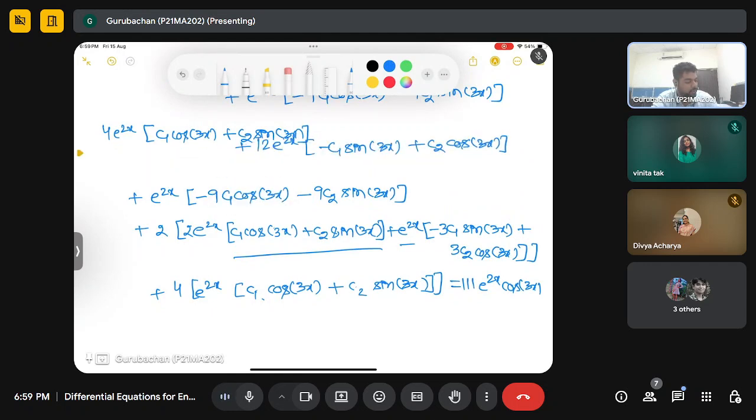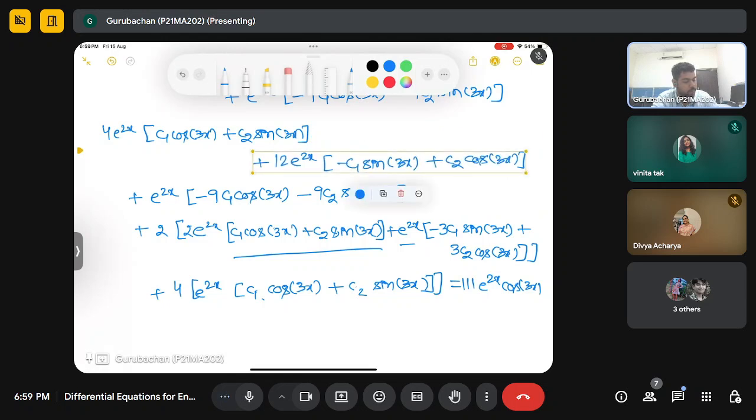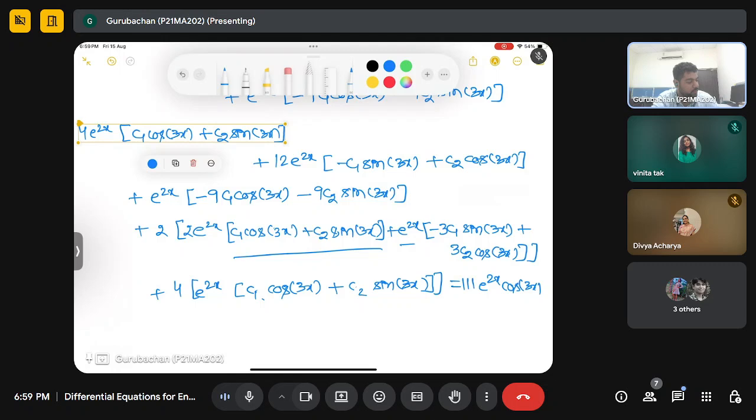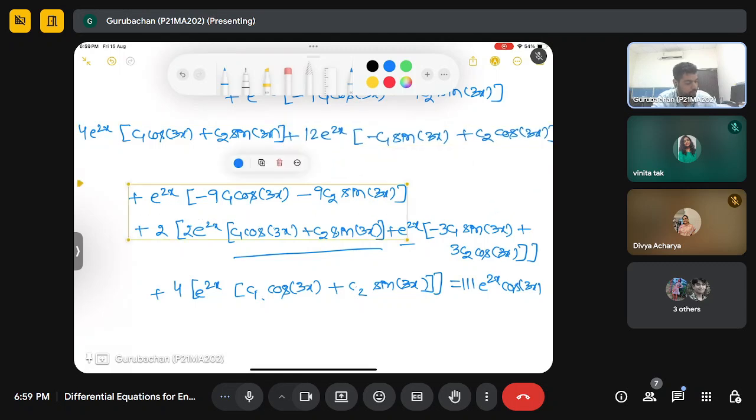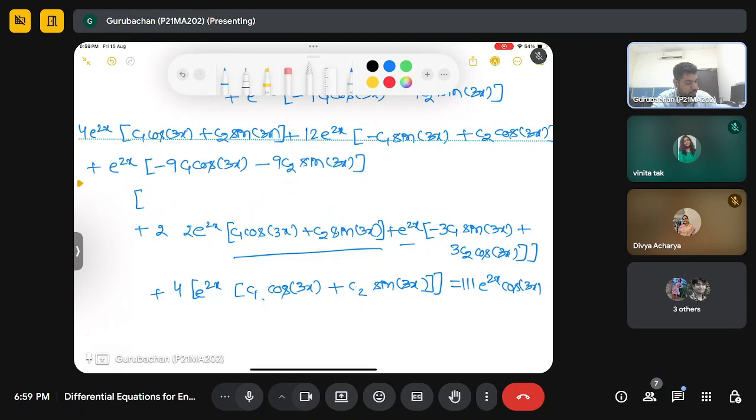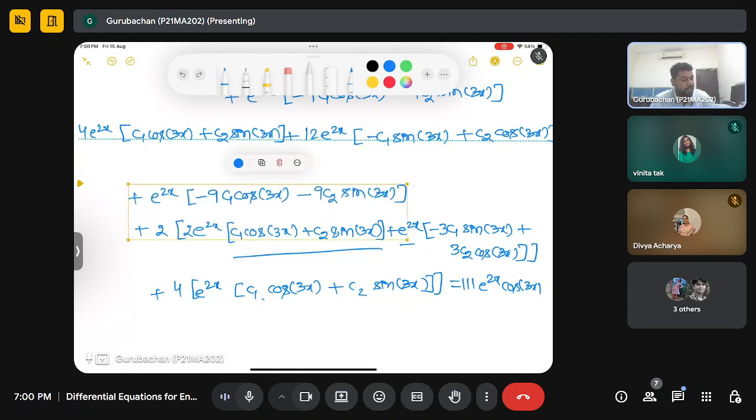We have to solve this equation for C1 and C2. So solve it and tell me the value of these constants.